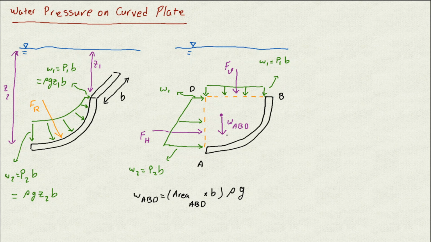And then we have these three forces, and we just apply these three forces to get the resultant force that we want. The resultant force is going to be applied somewhere there. We know that the magnitude of the resultant force is going to be the square root of the horizontal force squared plus the vertical force, which is Fv plus the weight of the water in ABD, squared.